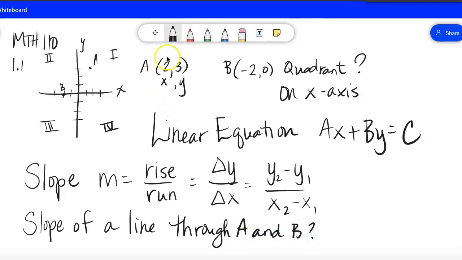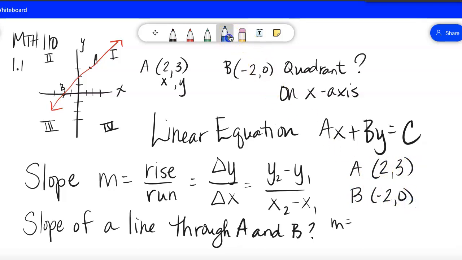Let's find that. So here's A and B, and let's say we have a line that passes through A and B, and I want to know what is the slope of that line. So my slope, I'm going to write my two ordered pairs right here just so that we can see them a little closer to where I'm working.